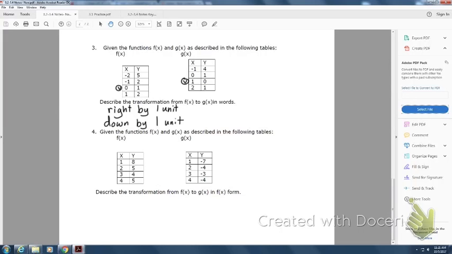Going to 4. What are the x values doing? X's are the same. What about the y values? Now minus 1.